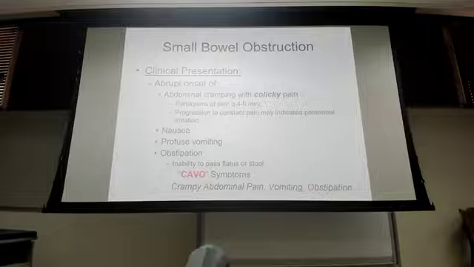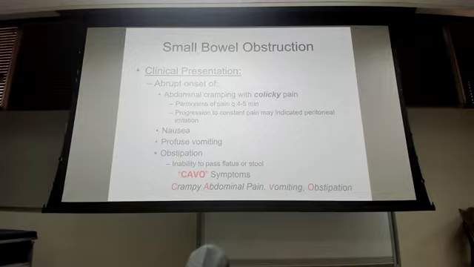The pain a lot of times comes in peristaltic waves. As your gut tries to push the contents of the stomach and upper small intestine down through the GI tract, you're going to get these waves of peristalsis. And so the colicky, crampy abdominal pain is going to happen in those waves.